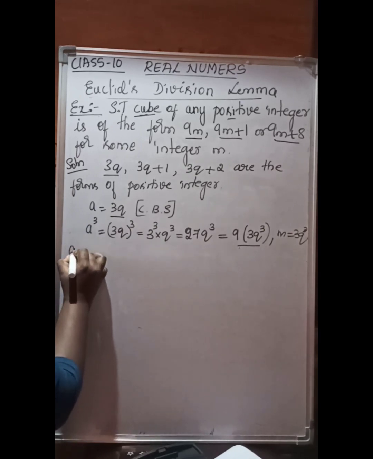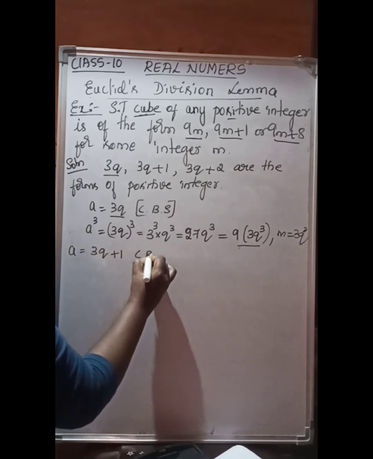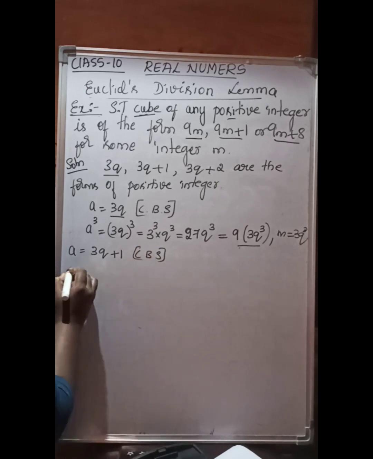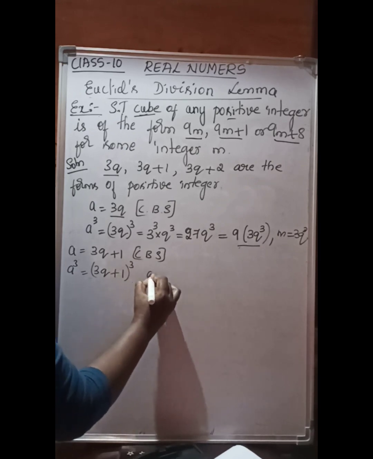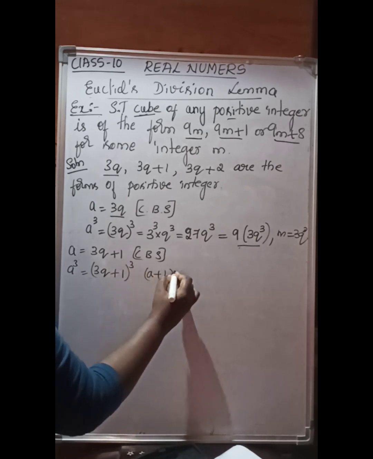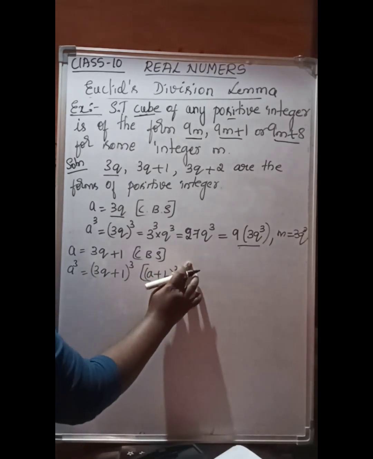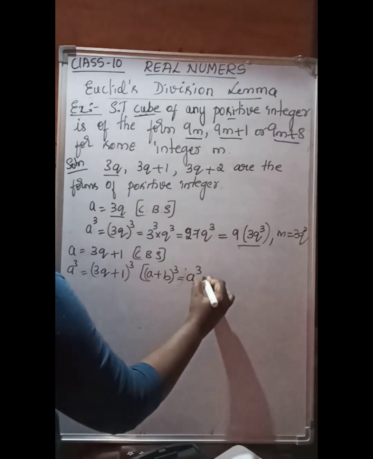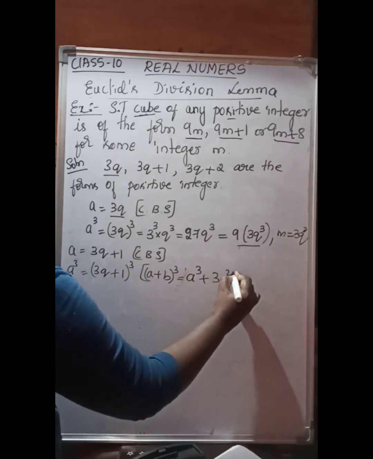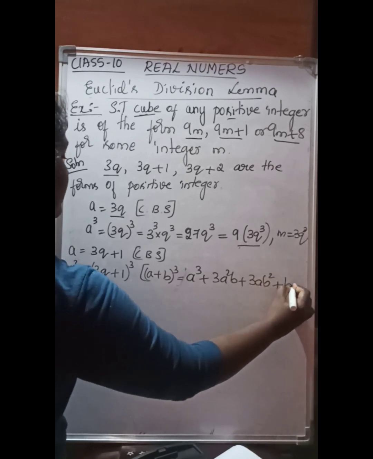Now consider the second one, a equals 3q plus 1. Here also cube on both the side. Now a cube equals 3q plus 1 whole cube. So it is in the form of a plus b whole cube, right? Now expand this according to the equation. What is the formula of this? a cube plus 3 a square b plus 3 a b square plus b cube.